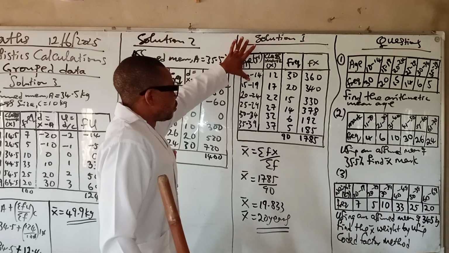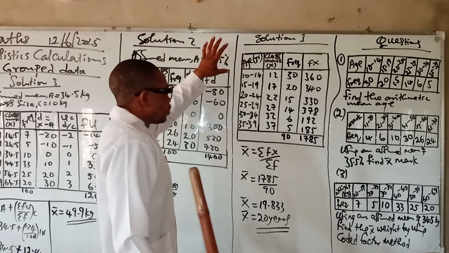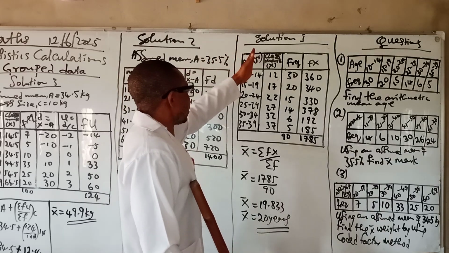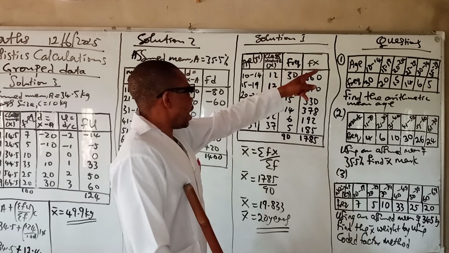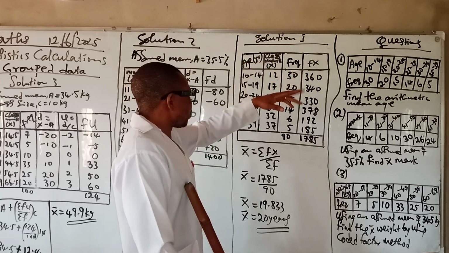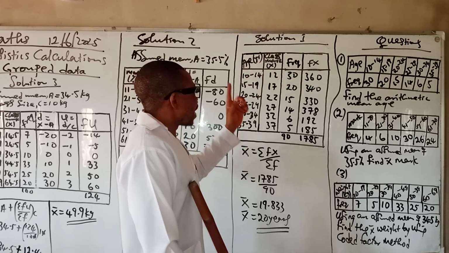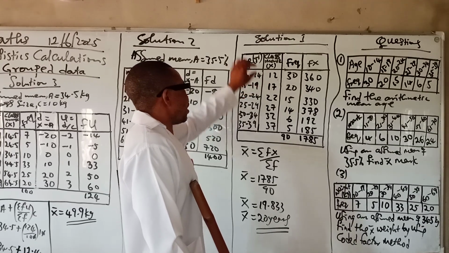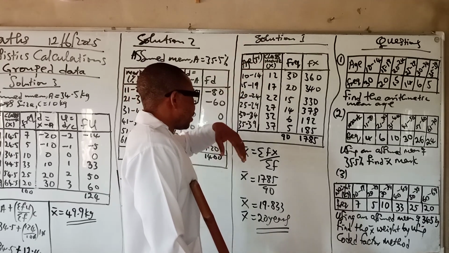So see the table for number one. The table has 4 columns. The first one carries the age as given in the question. The second one carries the class mark, which immediately follows the class interval. This age shows the class interval.